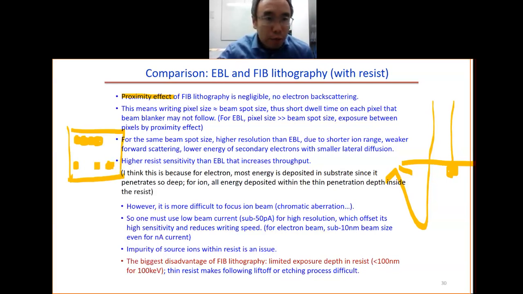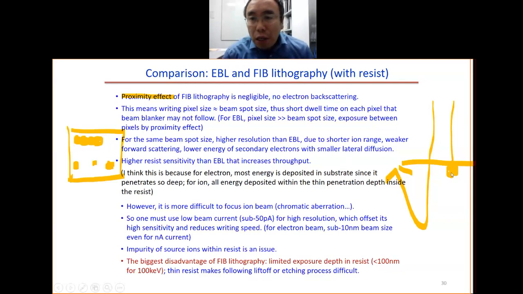The area in between can be exposed by the proximity effect, because the nearby area can be exposed by the scattered electrons. So this makes the exposure slower than electron beam, because the pixel size has to be small. Then the dwell time on each pixel will be very short. When it's very short, the machine may not follow.